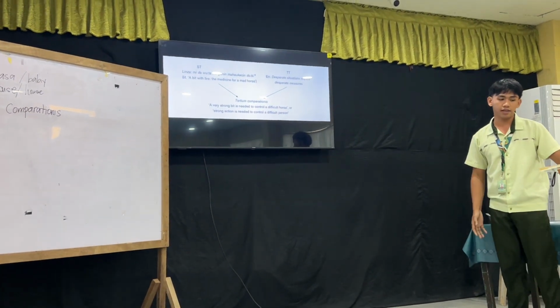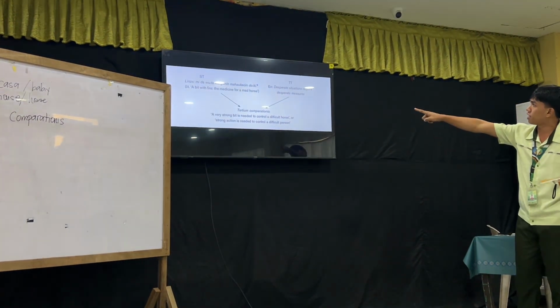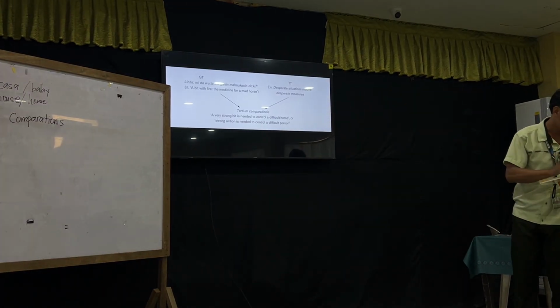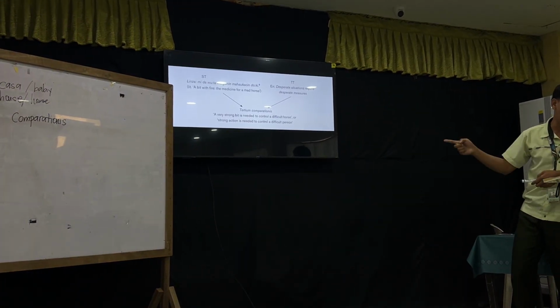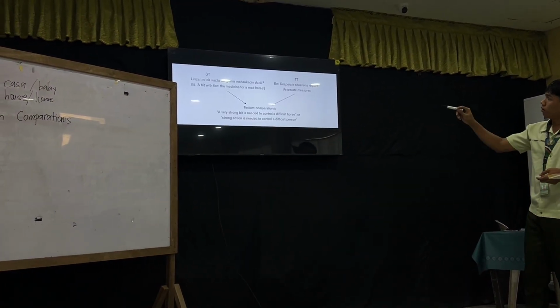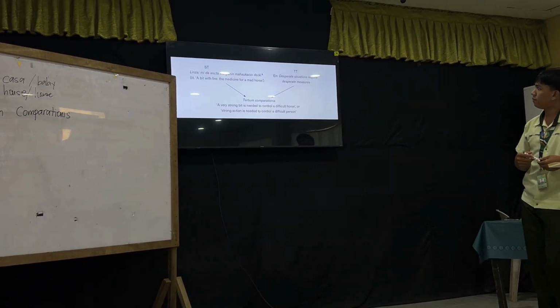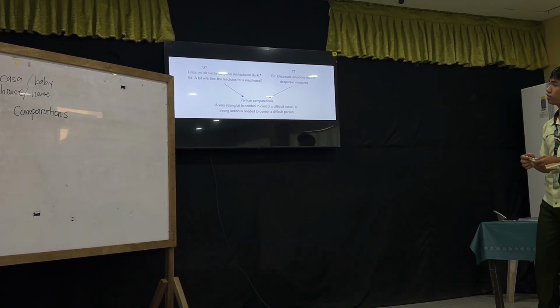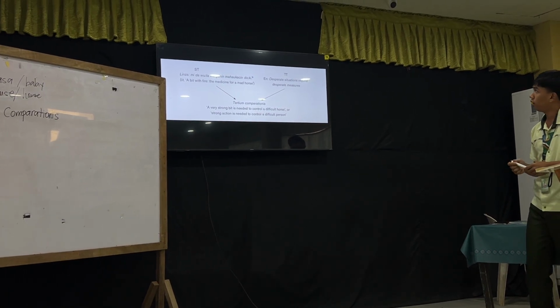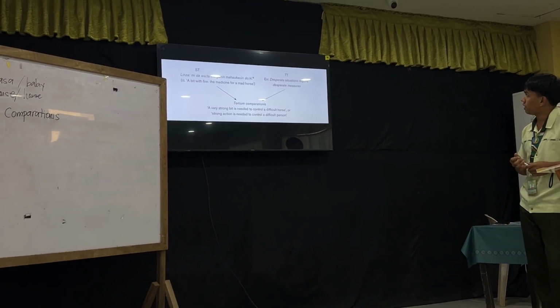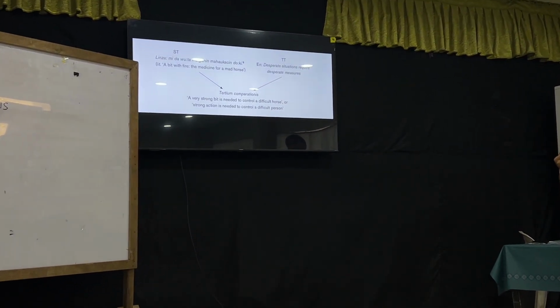As you can see in the example, that is a Hausa proverb, and that is the source text: "A bit with fire, the medicine for a mad horse." That is the literal translation. Then the target translation is "Desperate situations require desperate measures."